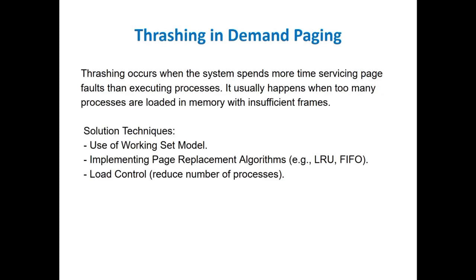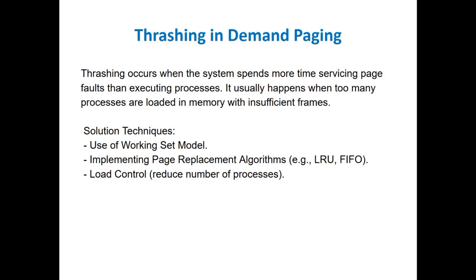Now we will discuss thrashing in demand paging. Thrashing occurs when the system spends more time servicing page faults than executing processes. It usually happens when too many processes are loaded in memory with insufficient frames. There are some solution techniques. First, use of the working set model. Second, implementing a page replacement algorithm.